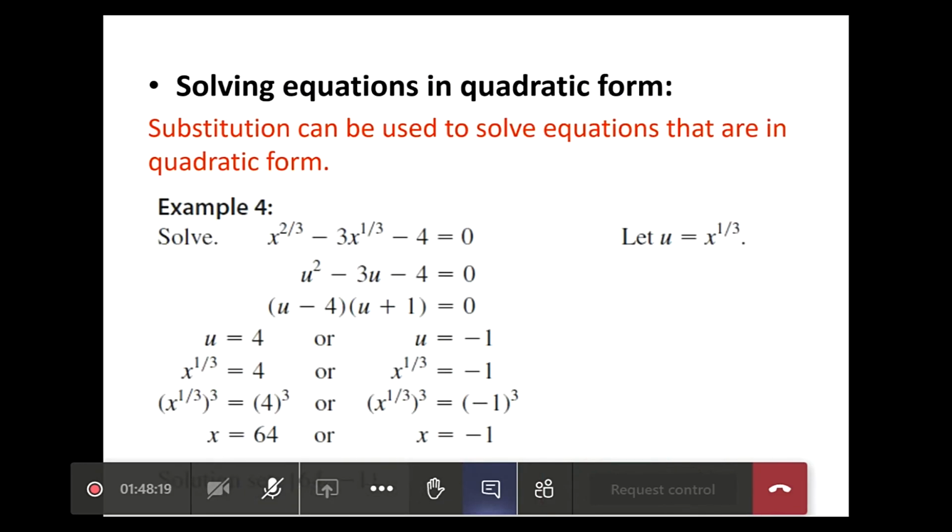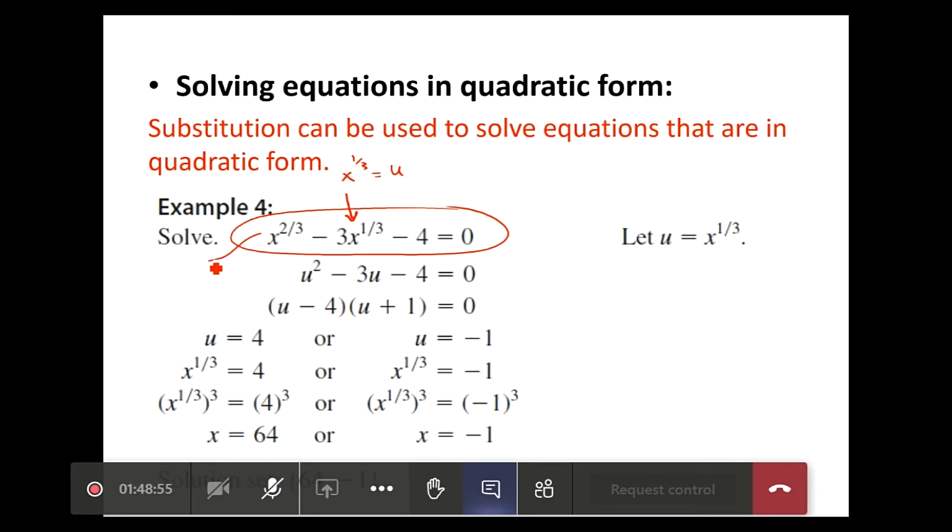Solve the equation in quadratic form. Here we don't have the equation in quadratic form directly. So we need to convert it to quadratic form. How? Let x to the power 1 over 3 equal u or y or s or t, any variable.